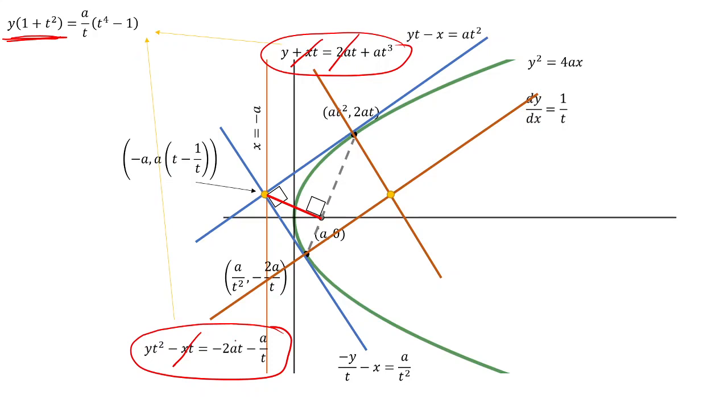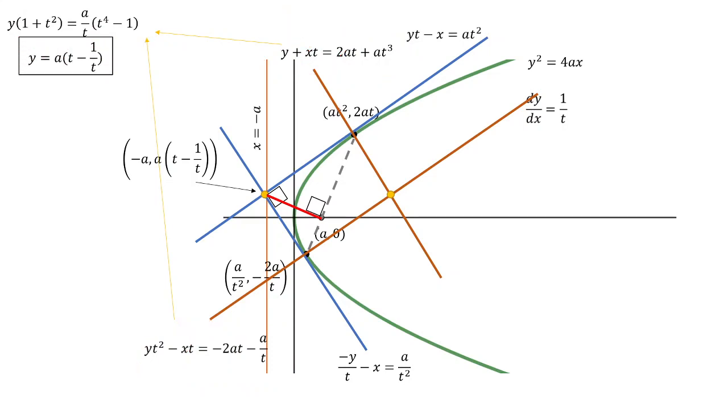The 2at and minus 2at cancels out, and you get at cube minus a by t. You take out common a by t and you get this thing, and you solve it a little bit to get the y, and that y should be a t minus 1 by t. You can do it on your own if you wish.